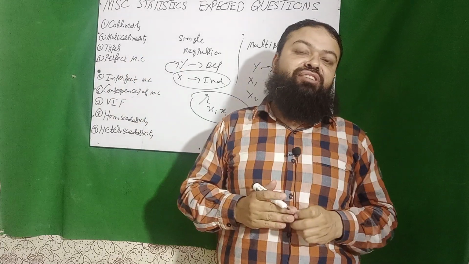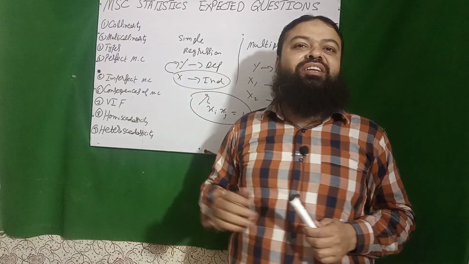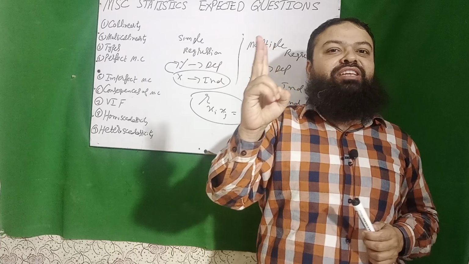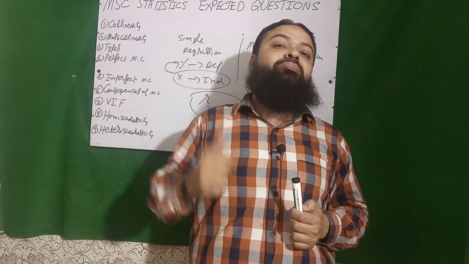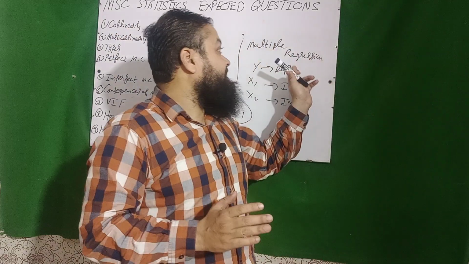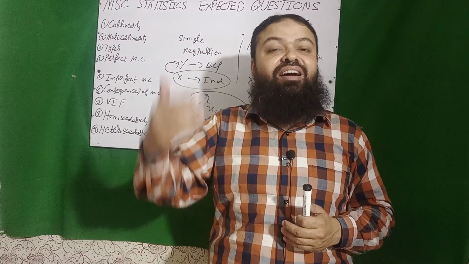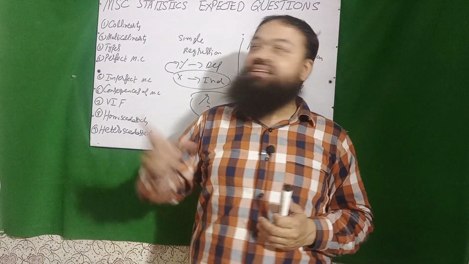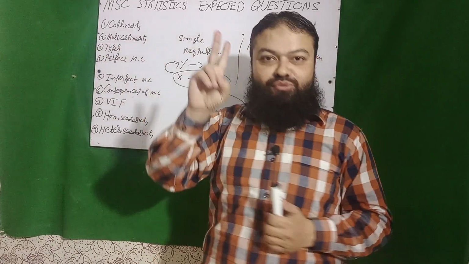These are the important concepts. What did you learn in the lecture till now? What is collinearity? If I talk about the two independent variables, they are highly correlated. They have the linear relationship between themselves. There is collinearity. And whenever we talk about the multiple regression and more than two independent variables and they are correlated with one another, there is multicollinearity among themselves, and it has two types.